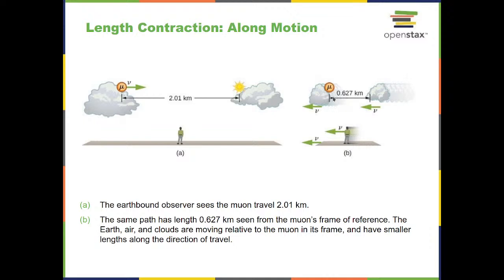If the muon is moving with a velocity v to the right, that will still mean that the observer is moving with a velocity v in the opposite direction in the moving reference frame of the muon. So we still have all of our symmetry. That doesn't give a preference to one reference frame over another.